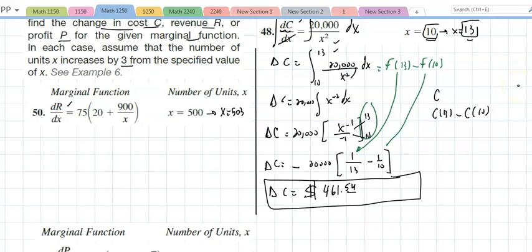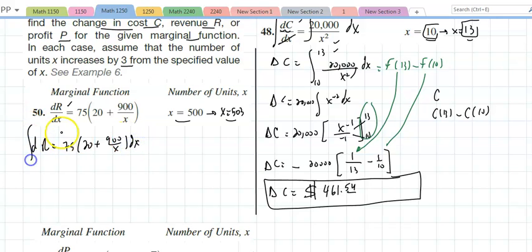And if I look at number 50, the marginal revenue from selling 500 to 503 units, well, really dR, if I cross multiply, is going to be 75 into 20 plus 900 over x dx.